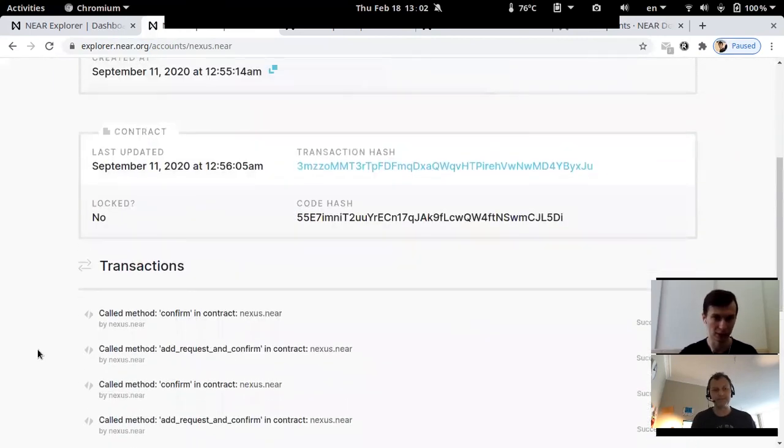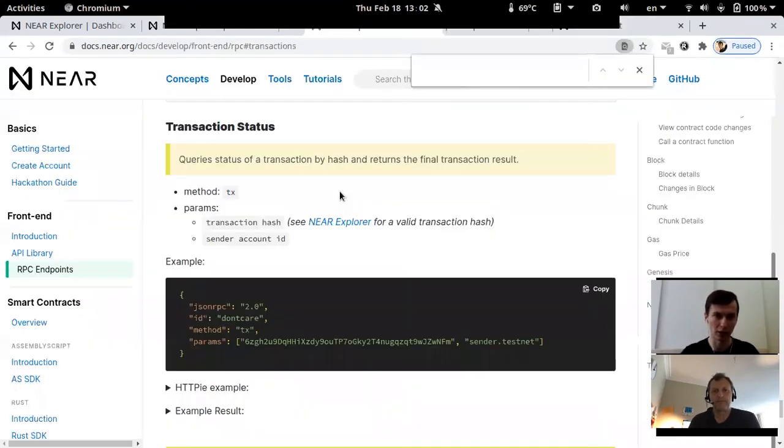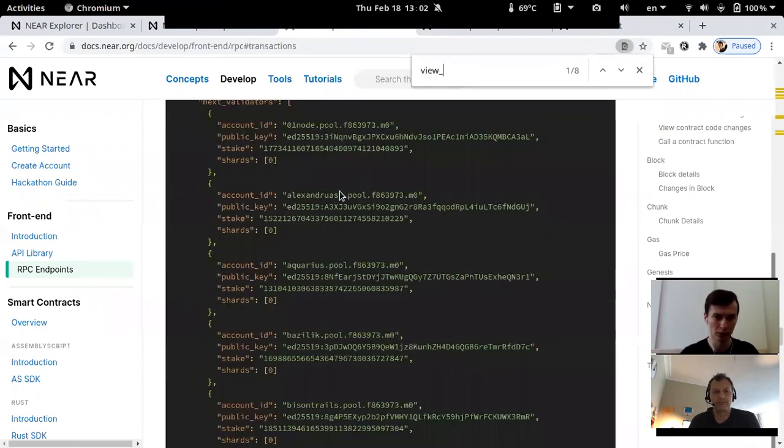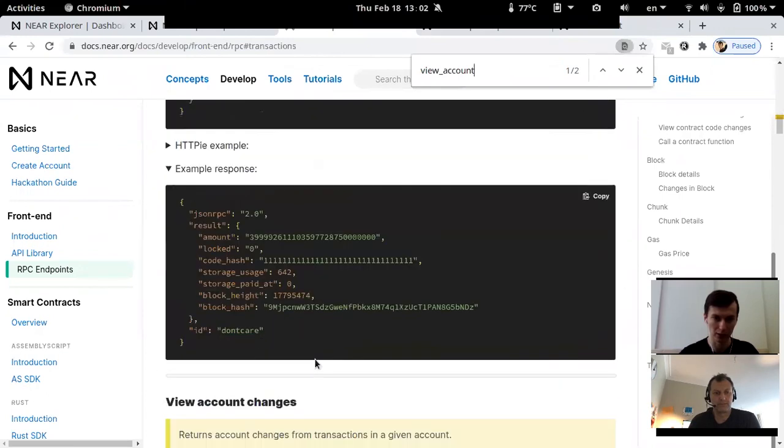Yeah. So that's all I wanted to cover with the balances. Also, as we might have seen in the docs, when you view account query, you see the balance. This is a native balance essentially, and this is the staked balance and validator stake balance.